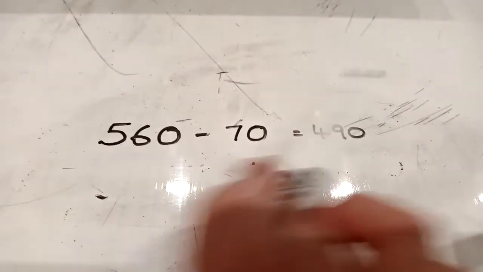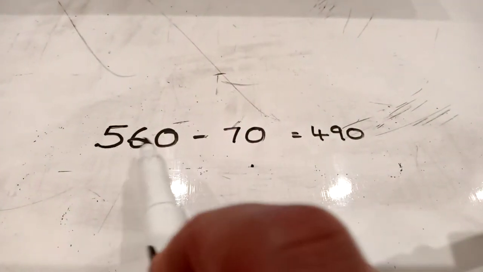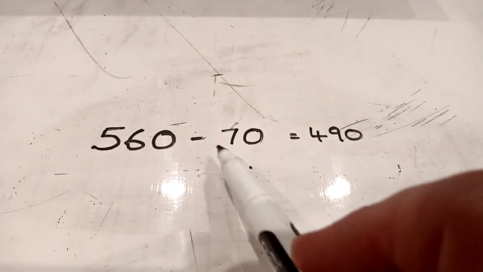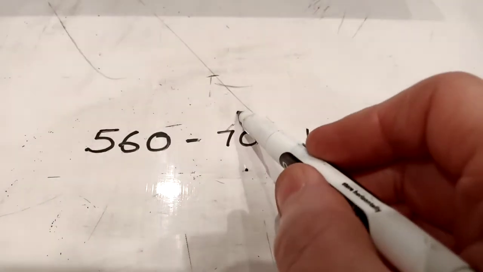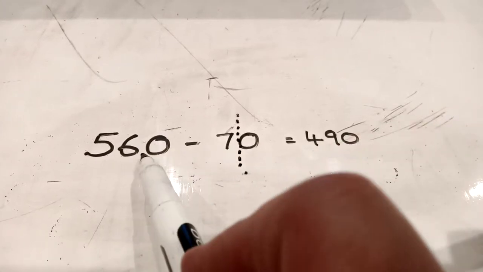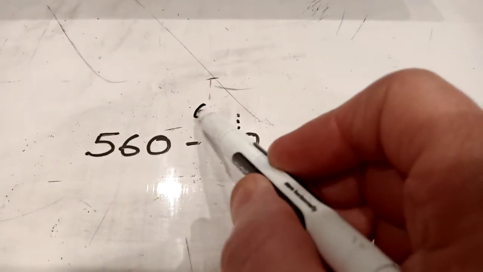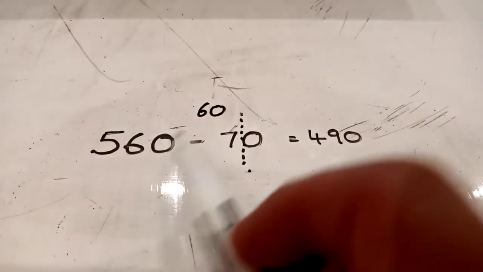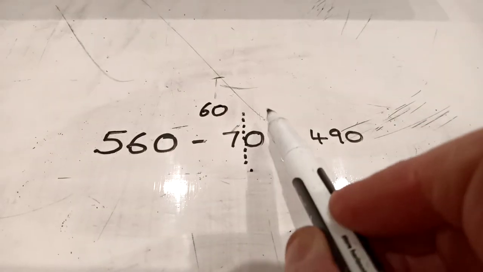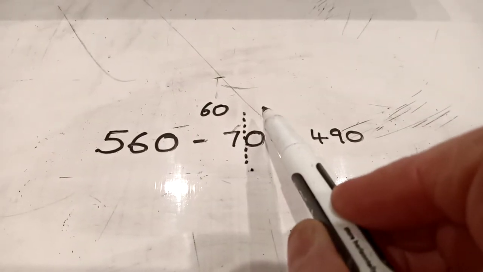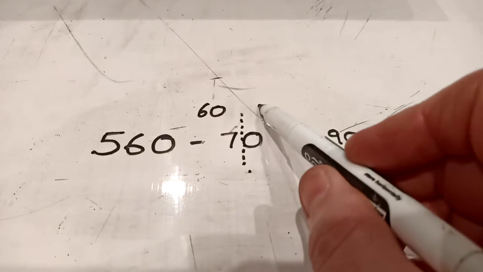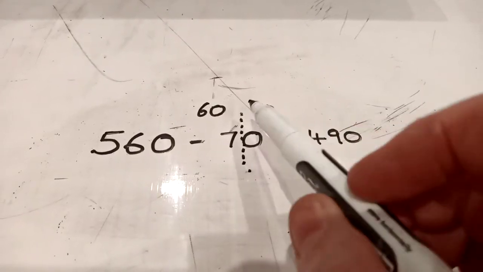Another way of doing it without the loopy number lines would be this. I'm going to partition my subtrahend into a 60 because I'm comfortable jumping back a 60, but I need to put another number with 60 to make 70, so 10 and 60 makes 70.